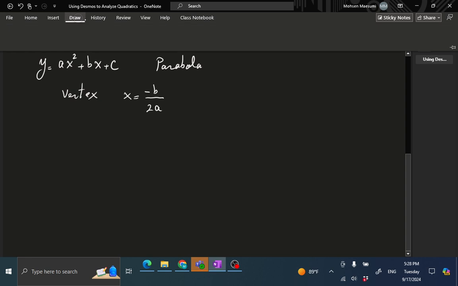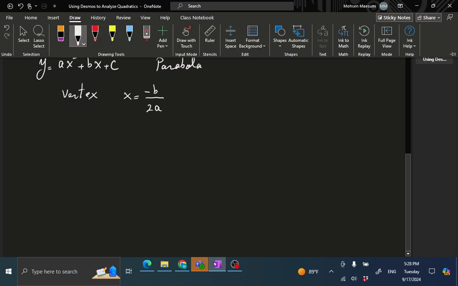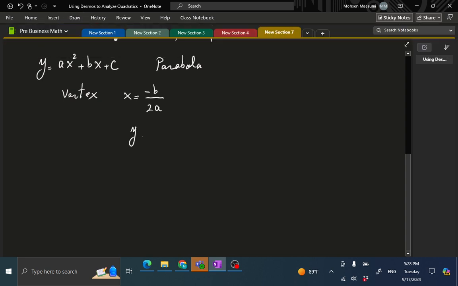And if we take that and plug it into our equation, y is going to be a times minus b over 2a squared plus b times minus b over 2a plus c. Now I simplify this, it becomes a times b squared over 4a squared minus b squared over 2a plus c.